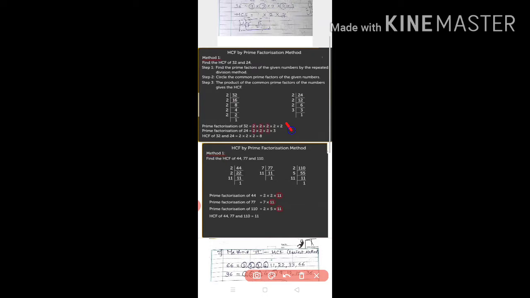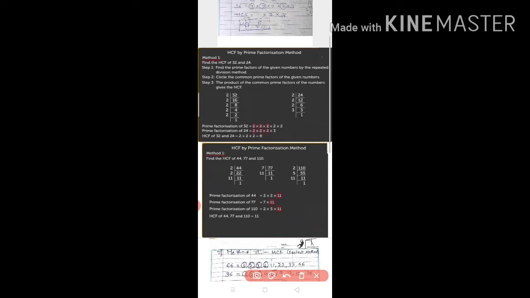It's okay if you don't write 1, but you should write it. 1 will be the common one. If you multiply, the answer is the same, but do not avoid 1. You should have 1 over there. So the HCF of 32 and 24 is 8.